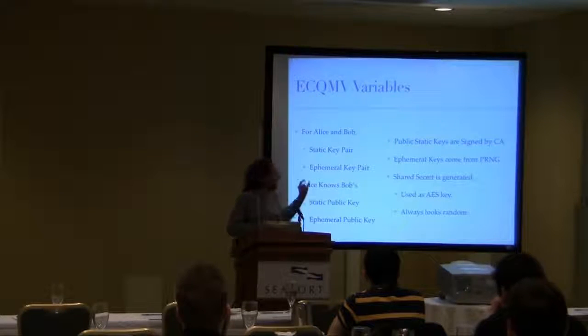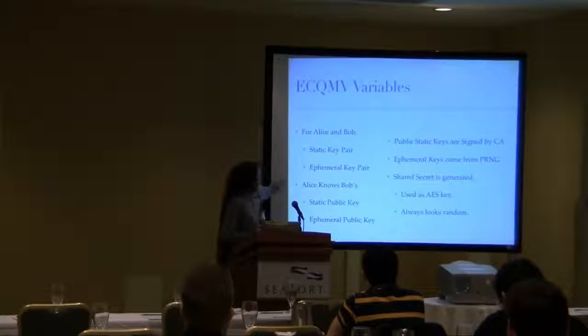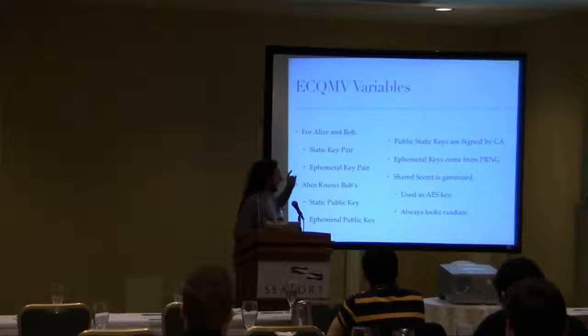So in the case of this, it's not that you wouldn't be able to predict where the random number generator starts. It's that you can enumerate all starting positions in a single lookup table. During a regular exchange, Alice knows Bob's static public key and ephemeral public key, as well as the certificate authority's certificate. All of the devices within a network will share a single certificate authority.